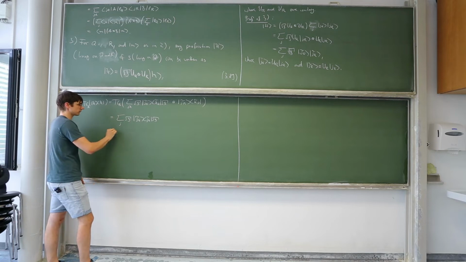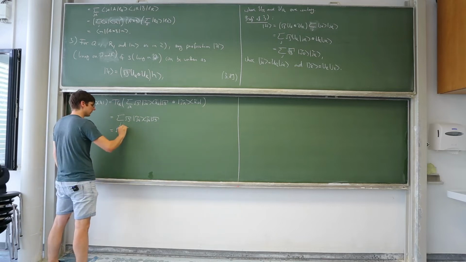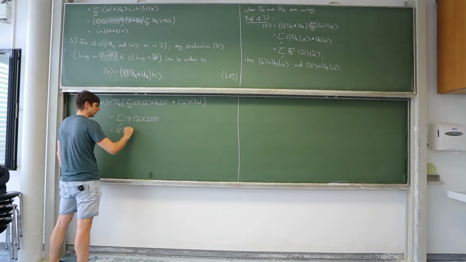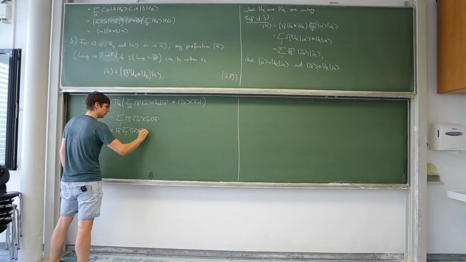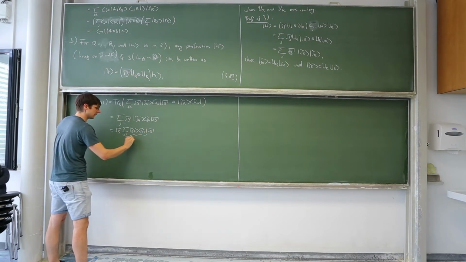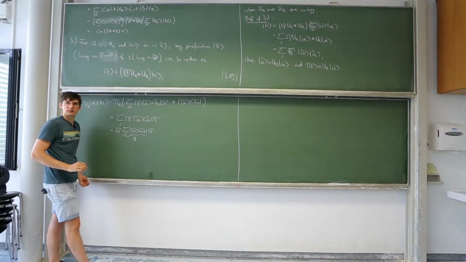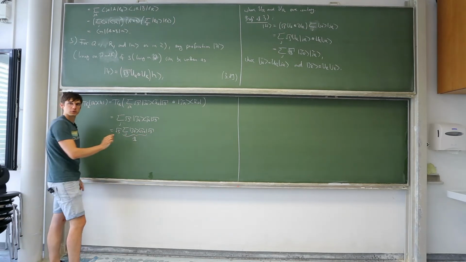And now we can put the sum in here, such that we have square root of rho, sum over j, jq, j, jq, square root of rho, and this, you can see, is the identity, it's the completeness equation, and we get square root of rho times square root of rho gives rho.